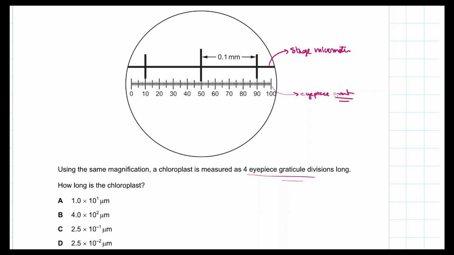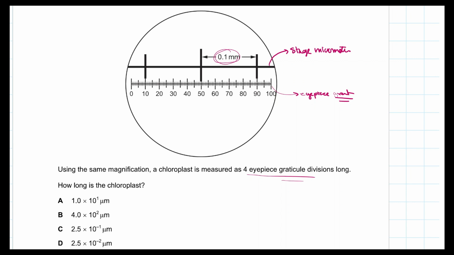Now, how to identify them? We must know that the stage micrometer is an accurately drawn scale of known dimensions engraved on a microscope slide, whilst the eyepiece graticule is a transparent scale, usually 100 divisions long, as you can see here, placed in a microscope eyepiece, and it has no scale. Now, we need to calibrate the eyepiece graticule on the stage micrometer.